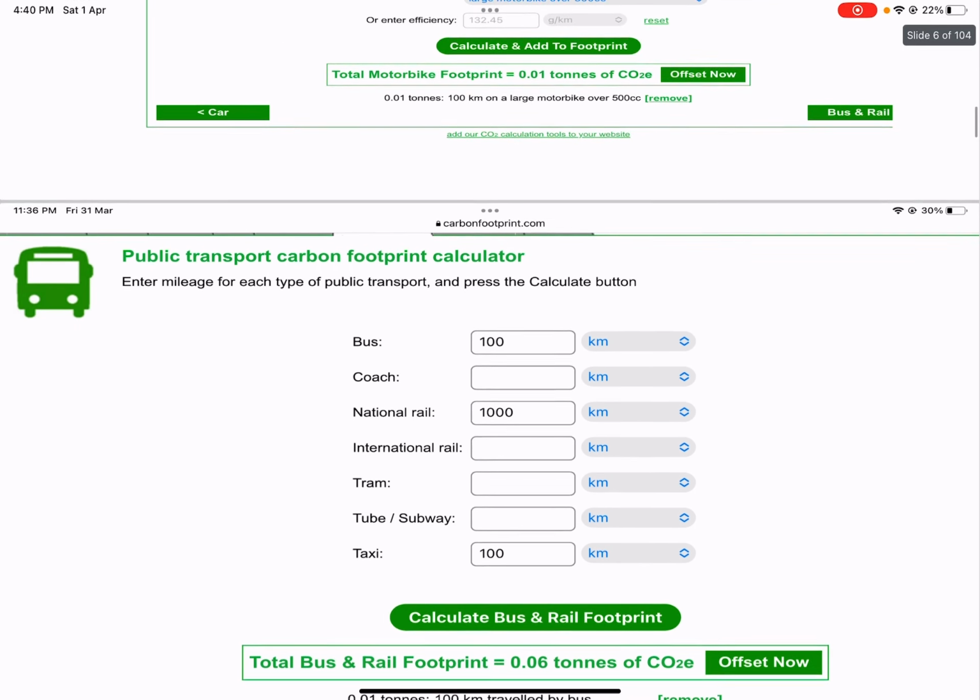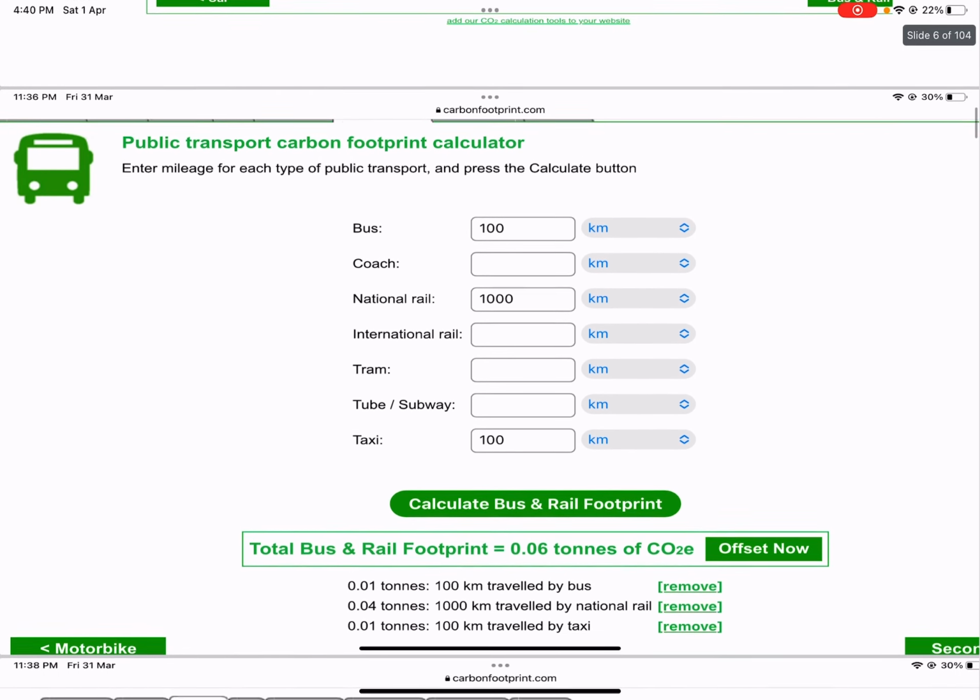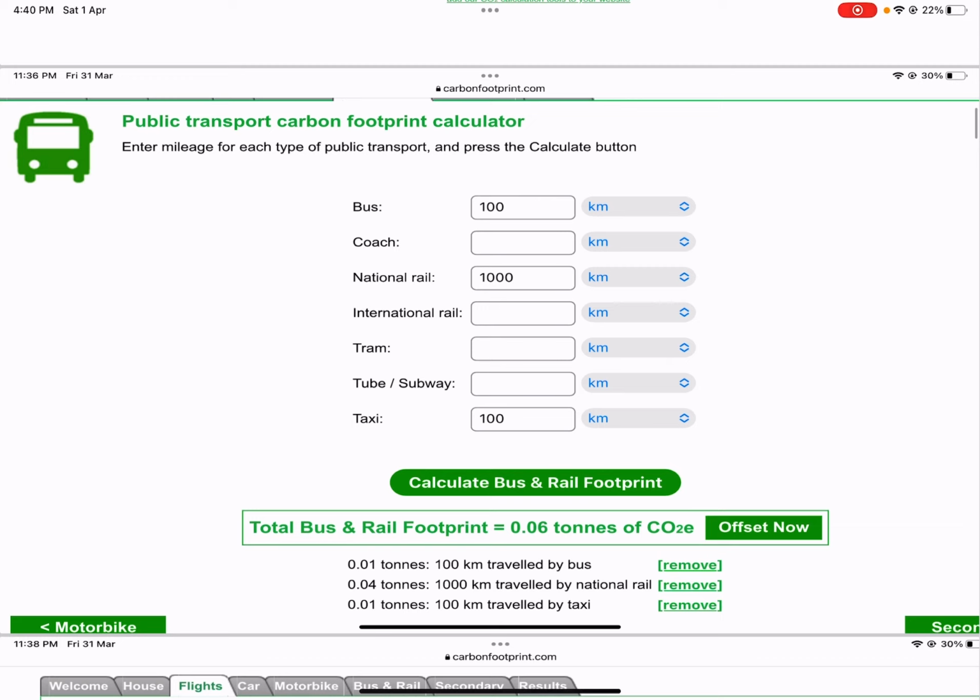Same thing can be the information for the public transport. So the user is asked as to how many kilometers by bus is traveling, by rail how many kilometers is traveling, whether he's using rail, international rail or tram, whether he's also hiring a taxi for his travel. So all this information, if you ask the user, using the specific energy consumption for the different modes of transport, the carbon footprint can be calculated even for the public transport.